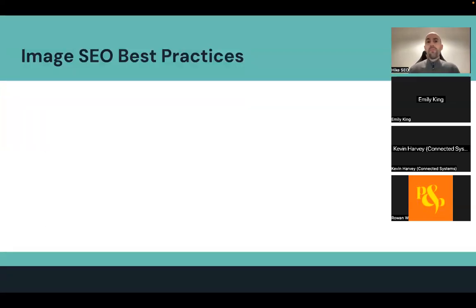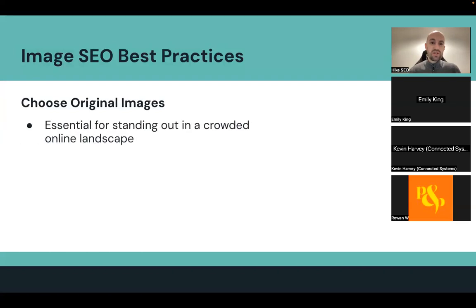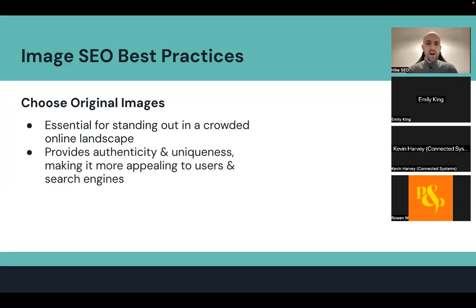So let's talk about some best practices around image SEO. Firstly, choose original images. With so many images out there, it's important to stand out in a crowded online landscape, especially when people are browsing through image search. They just scroll and scan, and if they see the same thing over and over again, it gets boring after a while. So you want to provide authenticity and uniqueness and make it more appealing to users and search engines.